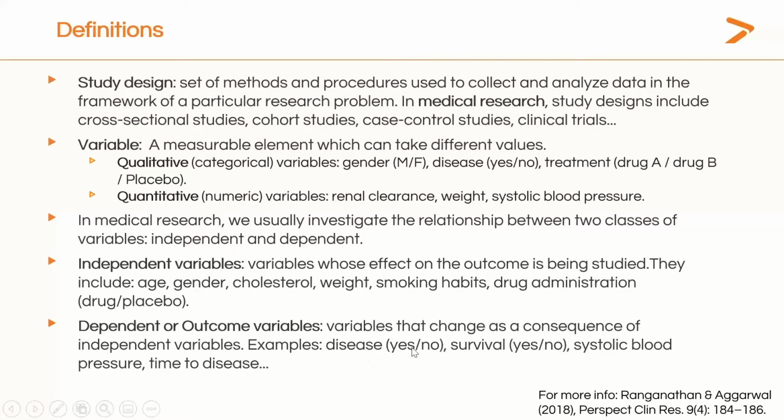For instance, disease, yes, no, survival, yes, no, the systolic blood pressure, time to disease. Here also we have several kinds of variables: qualitative, such as disease or survival, quantitative, such as systolic blood pressure, and a very special case, the time to disease, time to an event, which we'll be investigating more tomorrow using survival analysis.